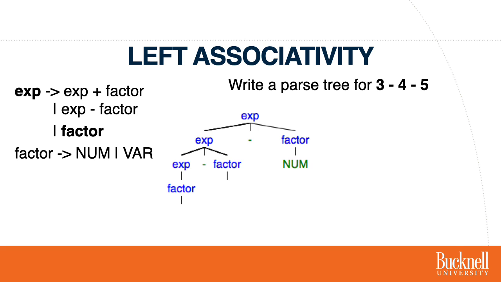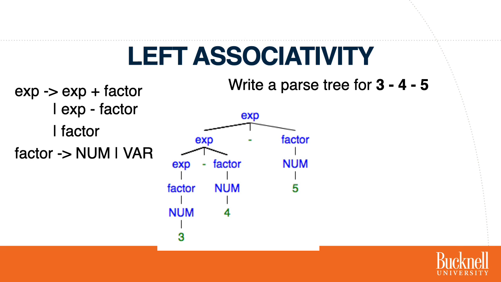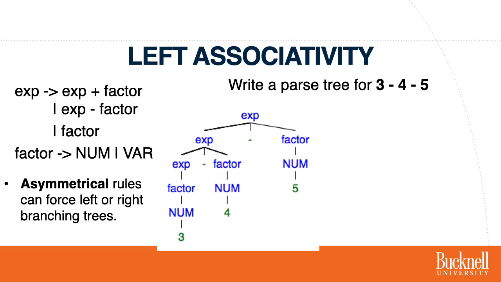We can replace that expression with a factor and the factors with numbers and get 3 minus 4 minus 5. This allows for as many minus signs as we want, but only permits the tree to branch to the left. Asymmetrical rules can force left or right branching trees.